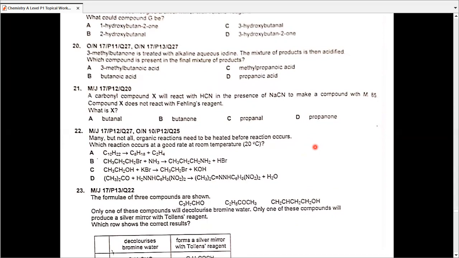Sir, can you solve this one? I'm not getting the idea. 20. So 3-methyl butanone is treated with alkaline aqueous iodine. The mixture of products is then acidified.